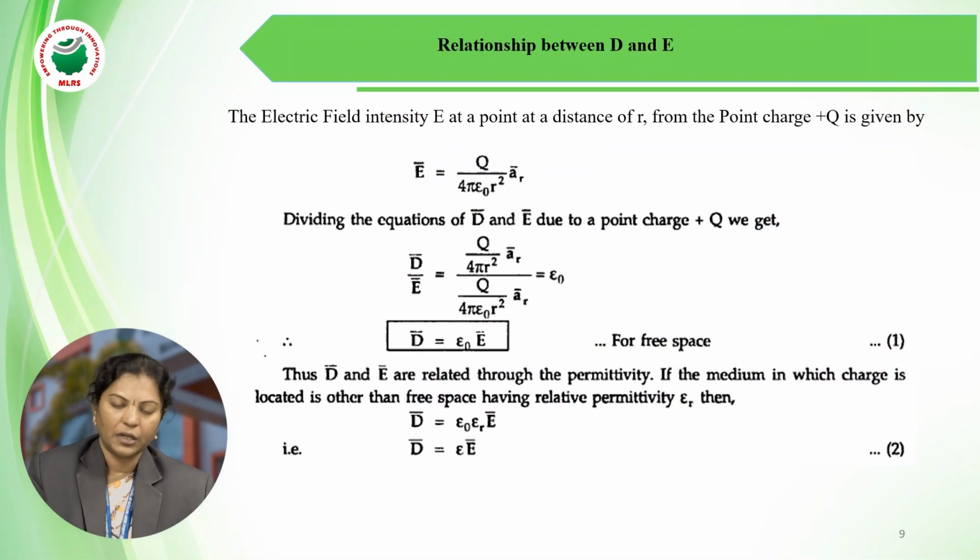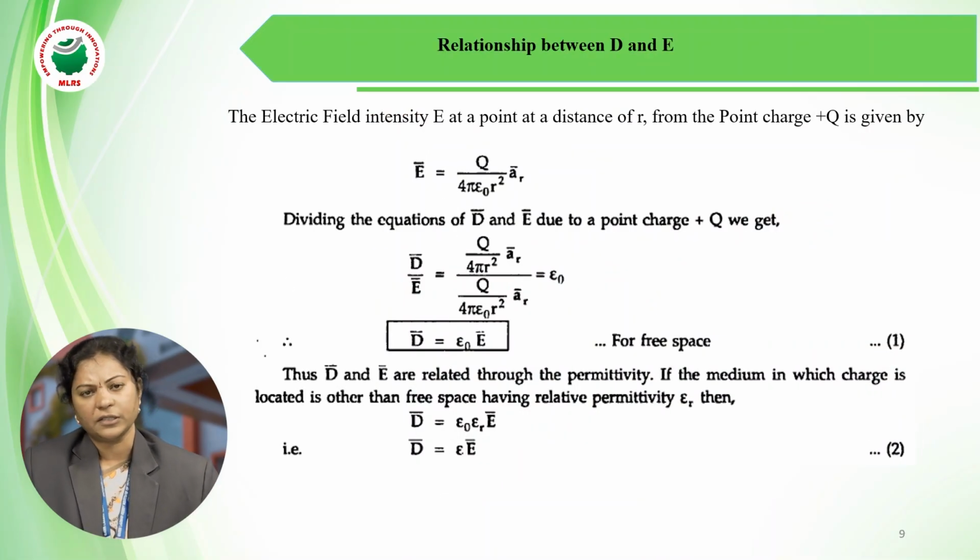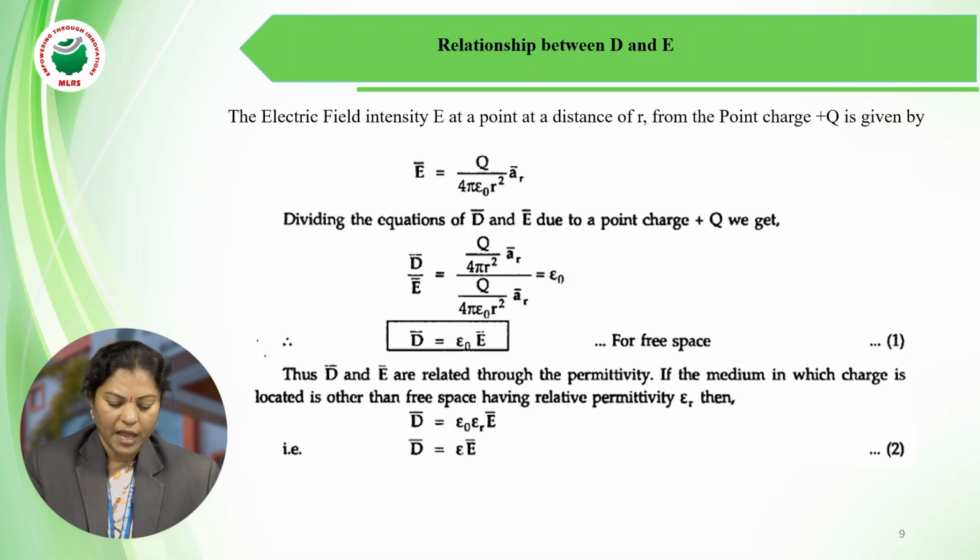Next, coming to the relationship between electric flux density and electric field intensity. We have already derived that the electric field intensity at a distance r from a point charge is given by Q by 4 pi epsilon naught r square into a_r, also in the a_r direction, where a_r is a unit vector, r is the radius and Q is the total charge.